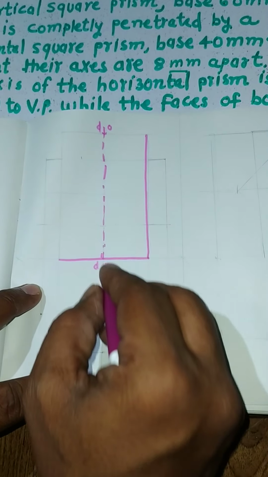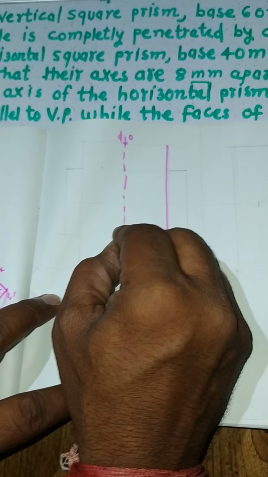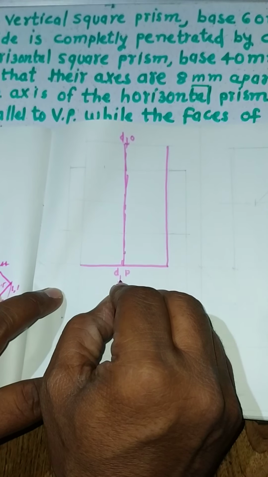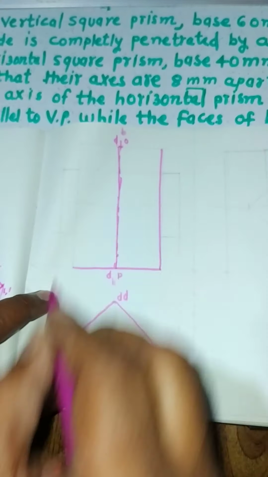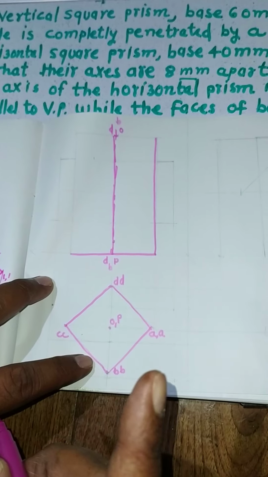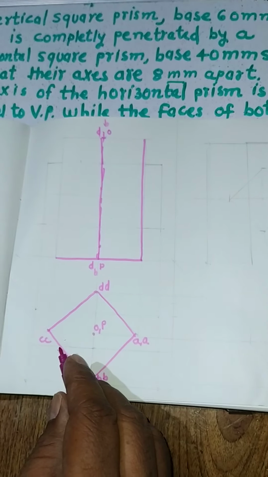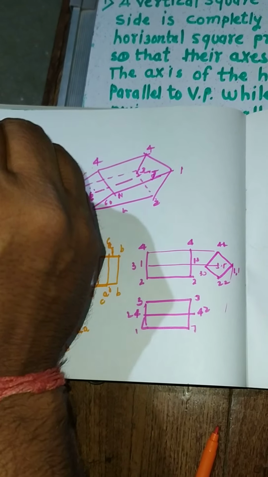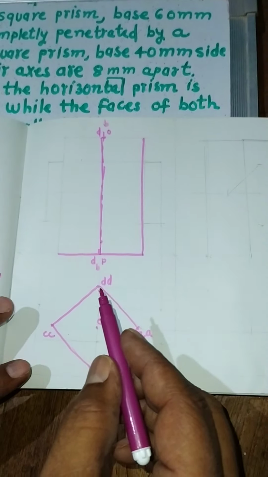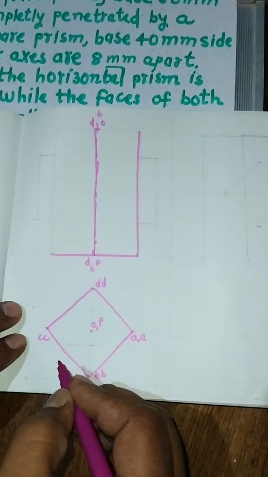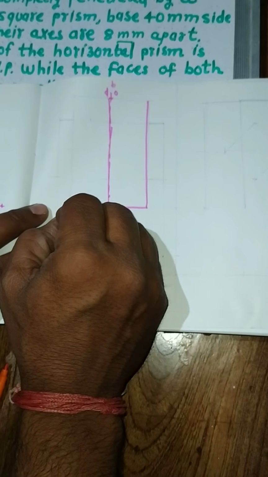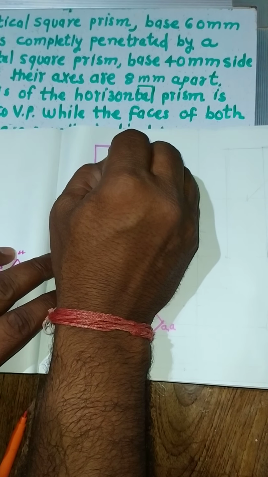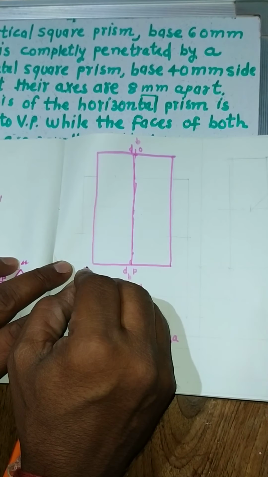This is the front side edge BB which is seen by the observer, so I am drawing it dark. This is the point B. Means there are three lines: first BB, second OP, and third DD, exactly lying behind each other. Now the side edge is CC, and this is the top face CC.